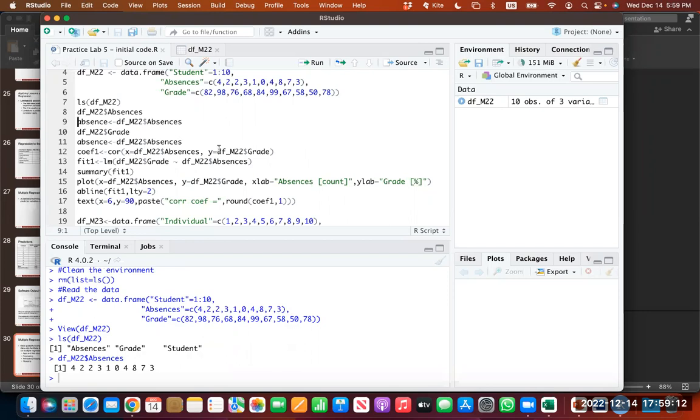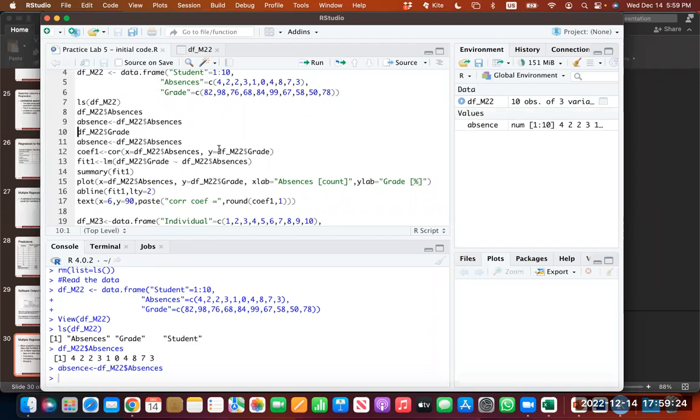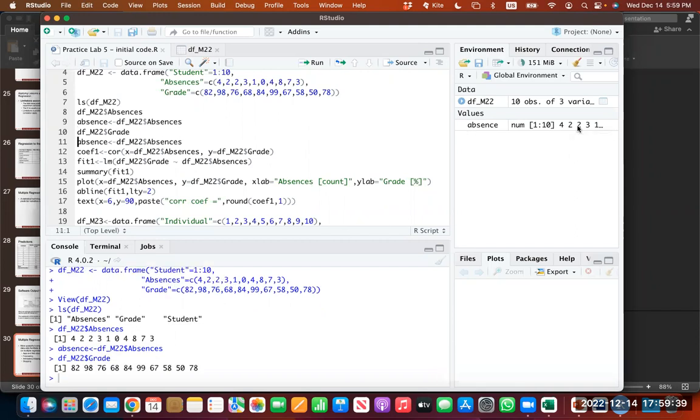So now you can also pack this in a separate object. You can make absences a separate vector by running line 9, which will create a vector of 10 entries. This is where you extract part of your object and make it a separate sub-object. You can do the same with grades.